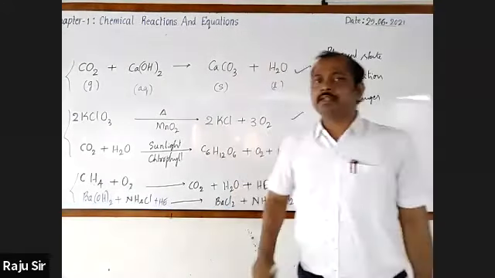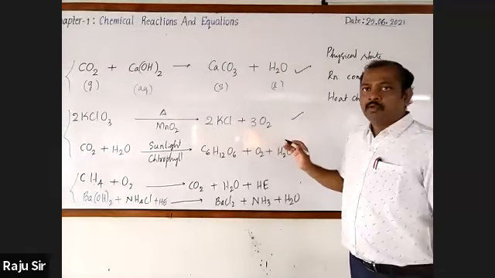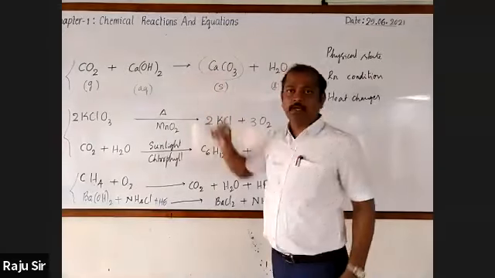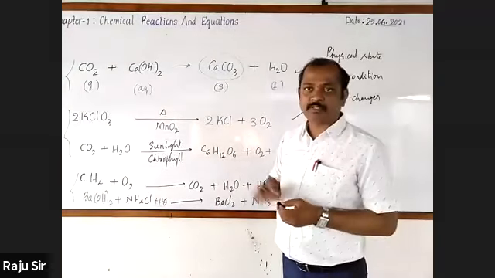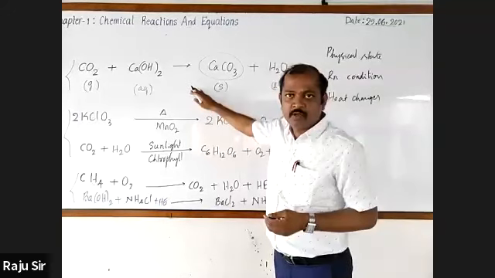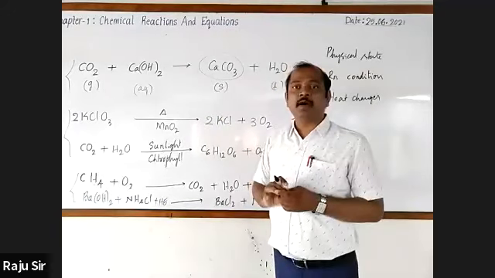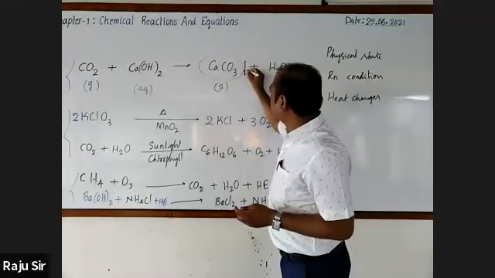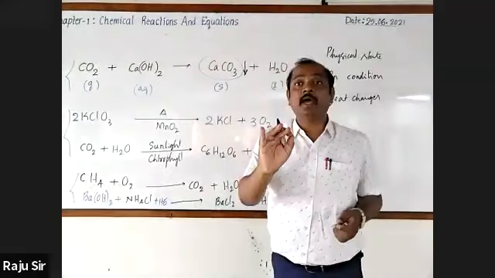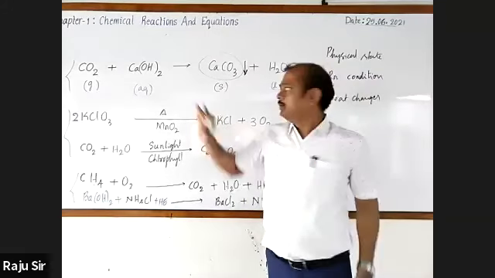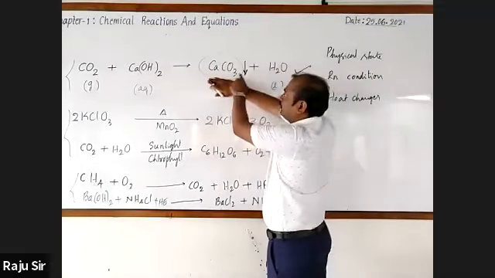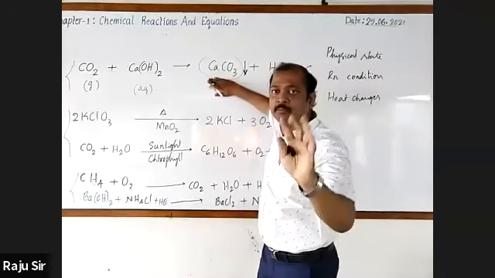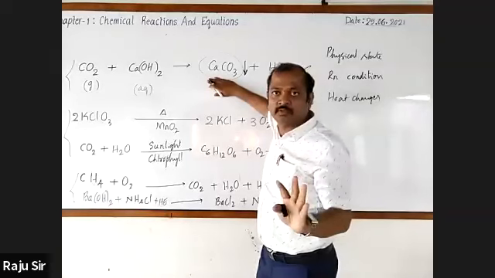And another one is, look here. You know that calcium carbonate is a white precipitate in this chemical reaction. And if a precipitate is formed, it is to be represented by a downward arrow mark. Here, with respect to the compound, if you show the downward arrow mark, it means it is a precipitate.